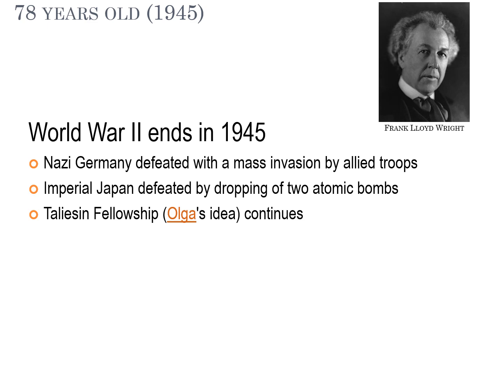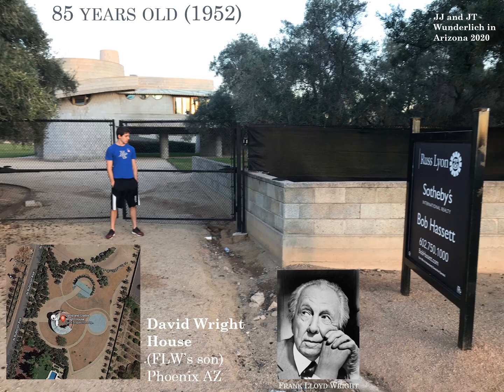And then the next slide, also at 85, this is one of his sons, David Wright's house, went up for sale. There was a petition that went around, I signed 5, 6, 7 years ago, to save this building from demolition and rebuilding on the site because the land's valuable.